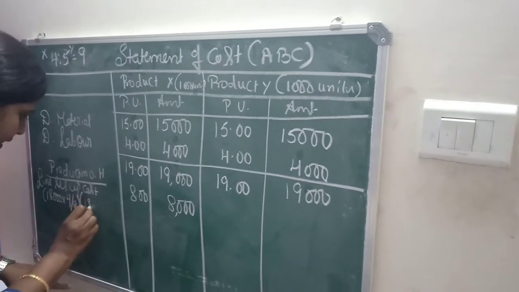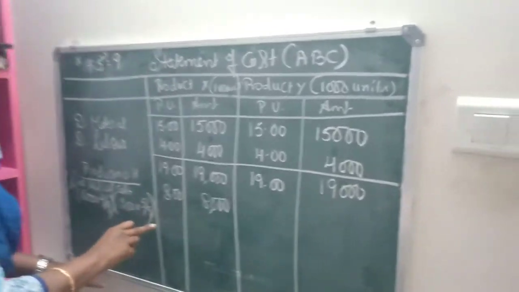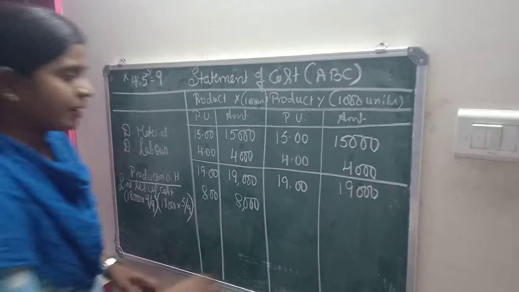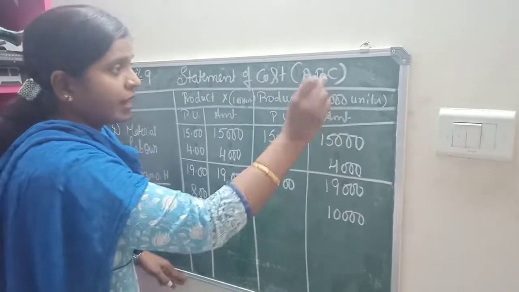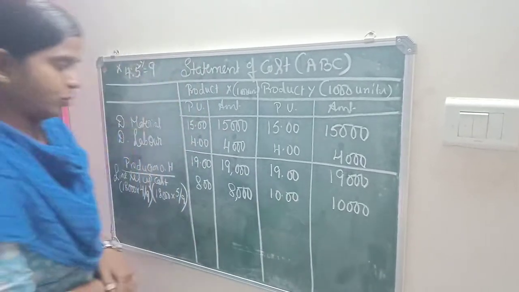Same for Y, 18,000 into 5 divided by 9 is 10,000 rupees. 10,000 divided by 1,000 units, 10 rupees per unit.